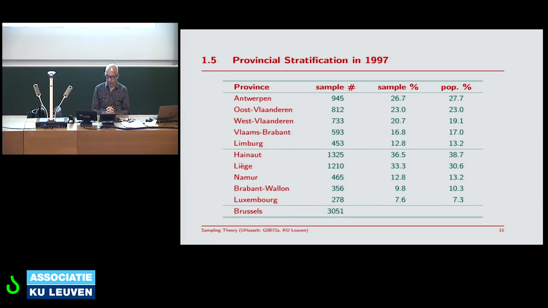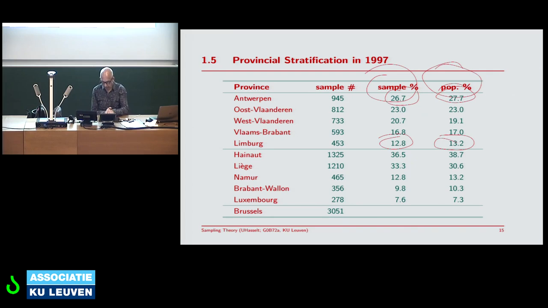In other words, the regional stratification is equal or about equal. The provincial stratification is proportional within those regions. So, the sample population in Antwerp is 26.7, and yes, that's very close to the population fraction, 27.7%. Limburg, 12.8 versus 13.2. The 2 columns, sample percentage and population percentage, dance together.